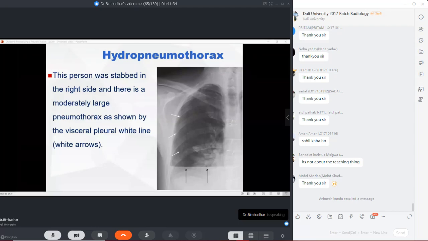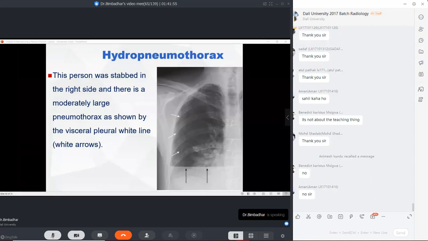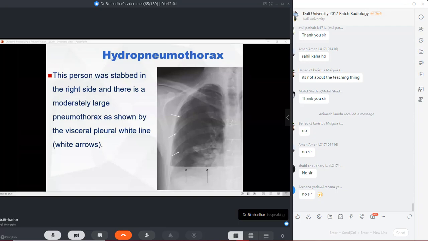Yes, I know. But were you able to read Benedict? Were you able to understand the images by yourselves? Are there any guys who were able to understand the images all by themselves when trying to read the slides? If yes... no, you can't understand. So that's the reason, cooperate with me. That's the reason I'm devoting my time to you guys.